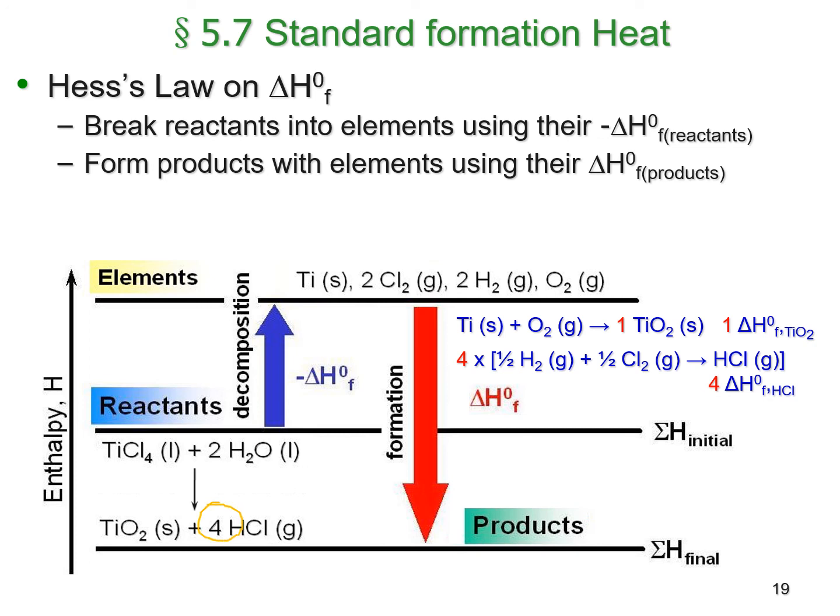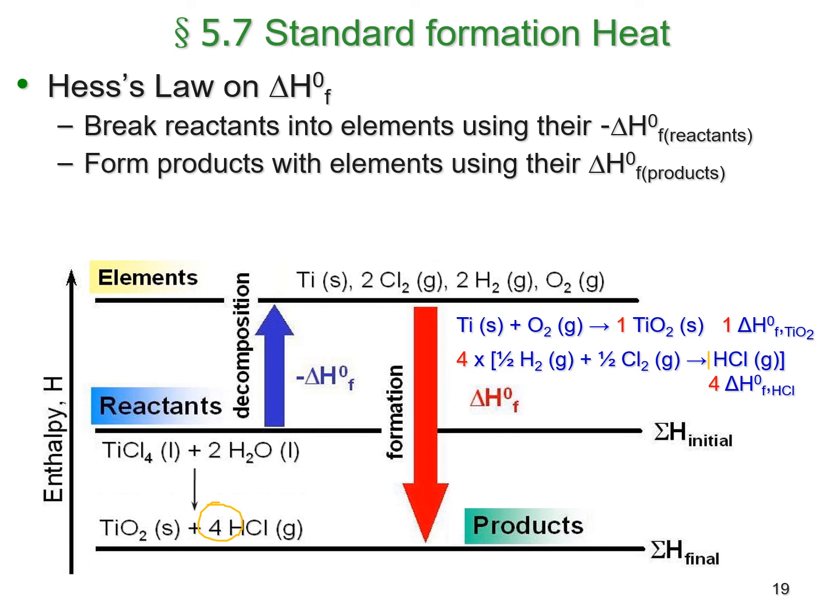So that is why we need 4 multiplied by the standard heat of formation of HCl, because for a standard formation reaction, the coefficient of HCl is 1. So it's going to have 4 times the standard heat of formation of HCl in order to make the product. In this way, from the elements we go all the way down to the products.